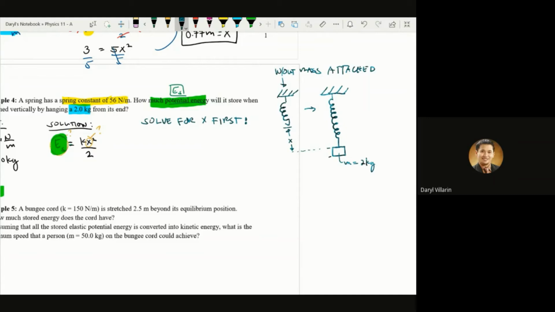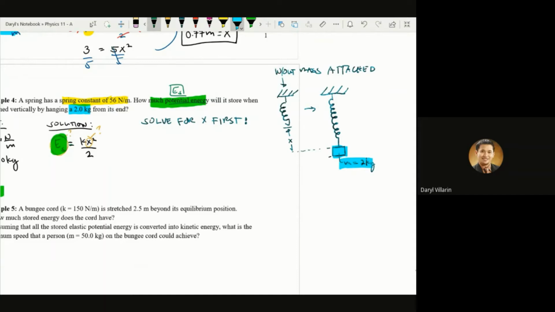I think it helps that we're given the mass of the object hanging here. It's given there. Use the blue. So we're given this mass here.